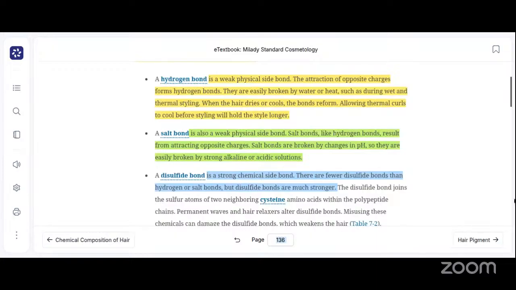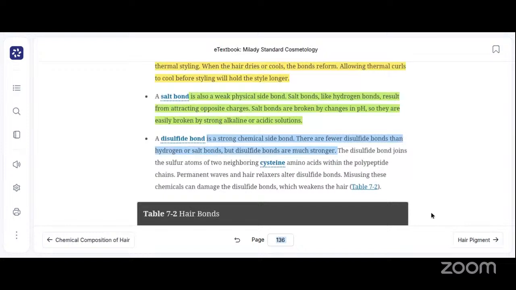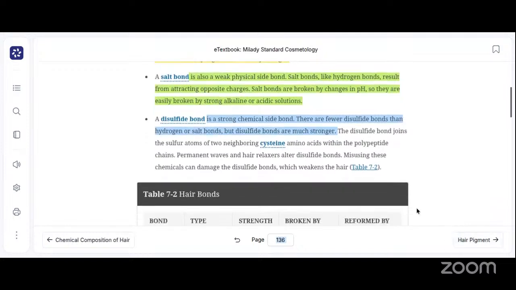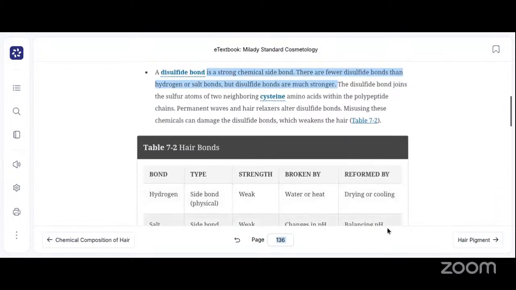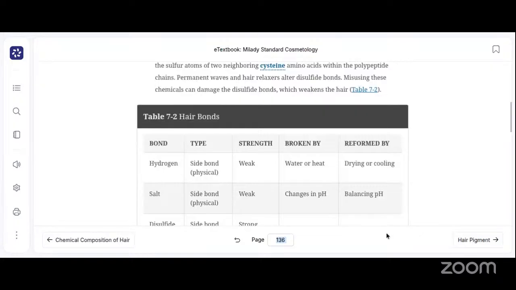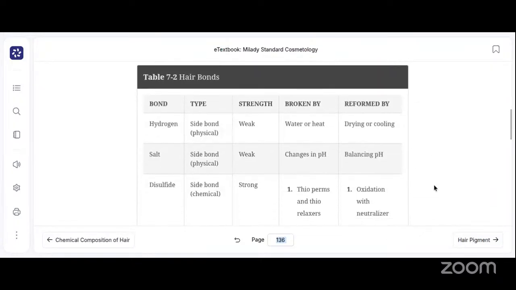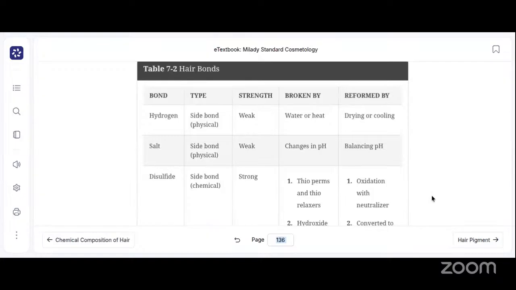checking out the terms, reading, and reviewing. Okay. This is a great chart to start with. 7-2 hair bonds.